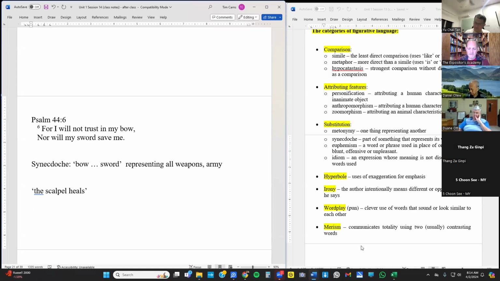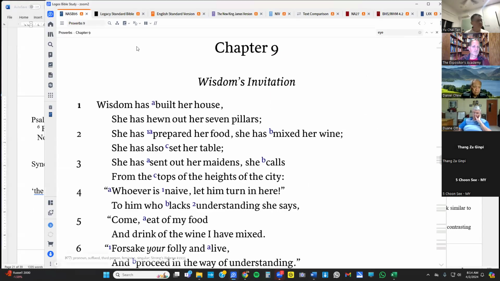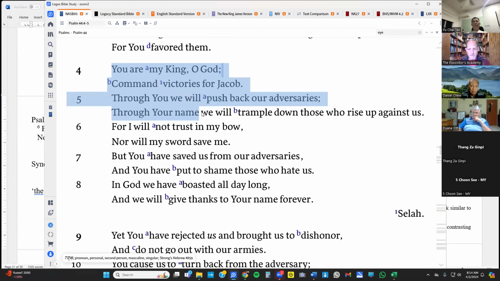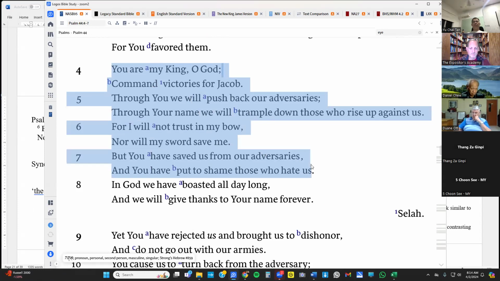If you look at the context of the passage, we can pull it up here. You are my king, command victories. Through you, we will push back our adversaries. Through your name, we will trample down. So he's speaking of armed battle. I will not trust in my bow, nor will my sword save me, but you have saved us from our adversaries.